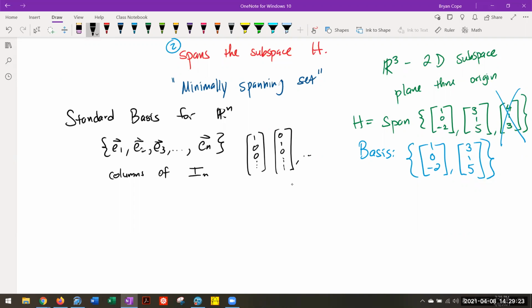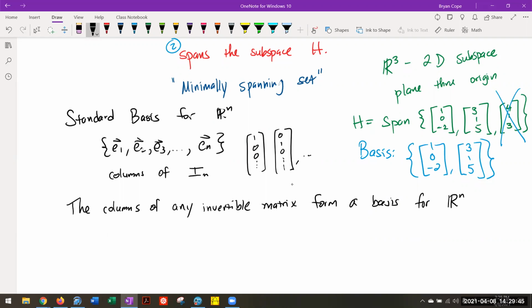And in fact, the columns of any invertible matrix form a basis for Rn. I want to talk about why that's true.